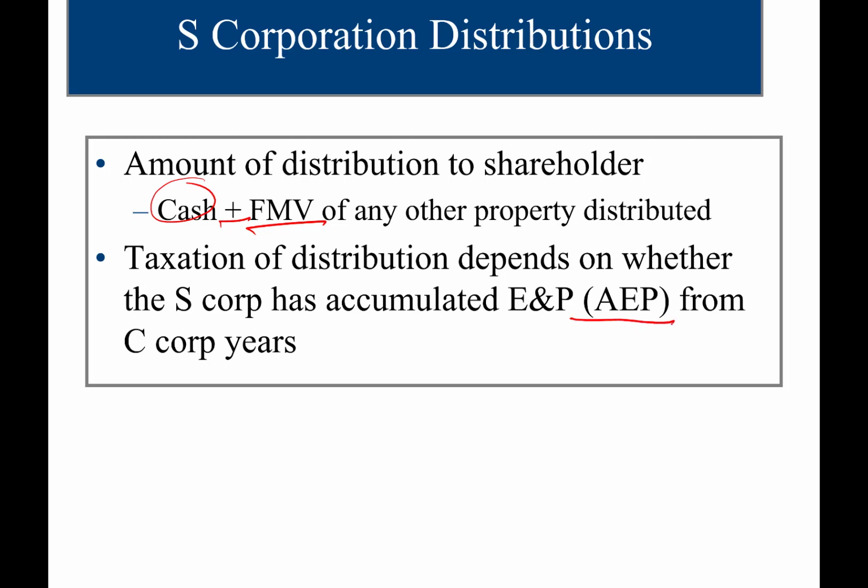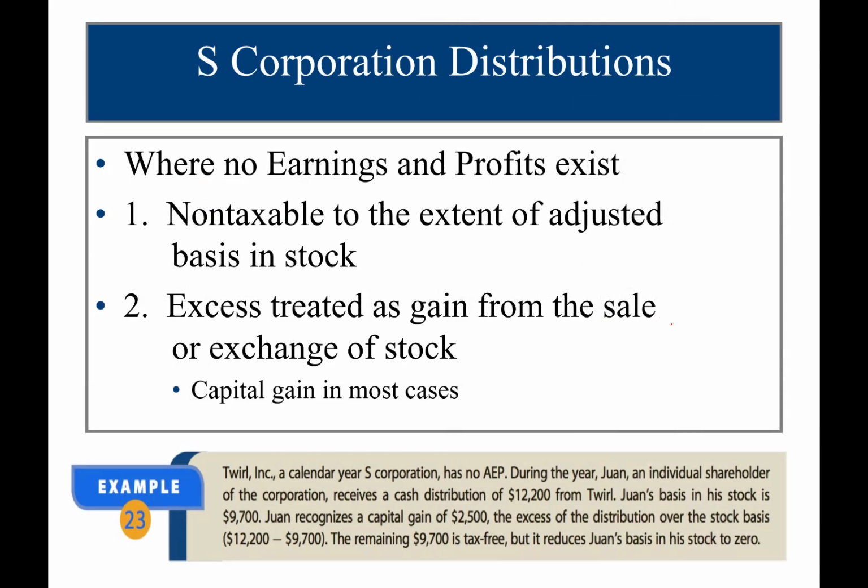The easier case is if there were no earnings during the C Corp years, then it is non-taxable to the extent of the adjusted basis in stock. If there's any excess that's distributed, then that's treated as a distribution of earnings on the investment, and that will be taxed.